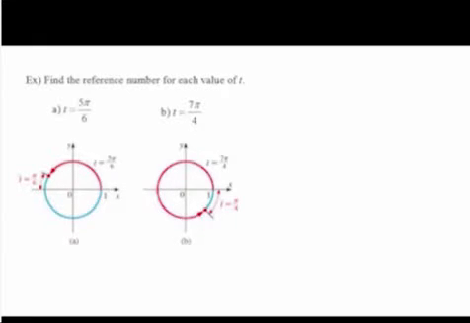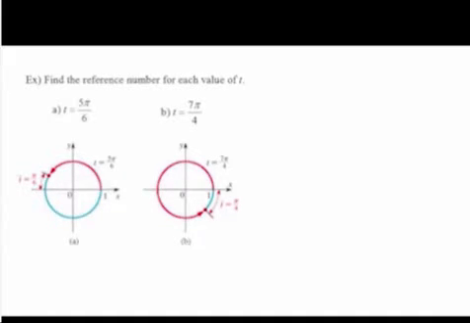We find the reference number t bar by traveling along the circle the shortest distance to the x-axis, which is the negative x-axis. For t equal to 7 pi over 4, the terminal point is in the fourth quadrant. So we travel along the circle from the terminal point to the positive x-axis.